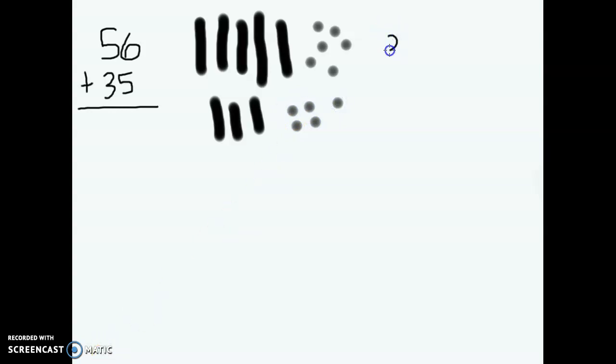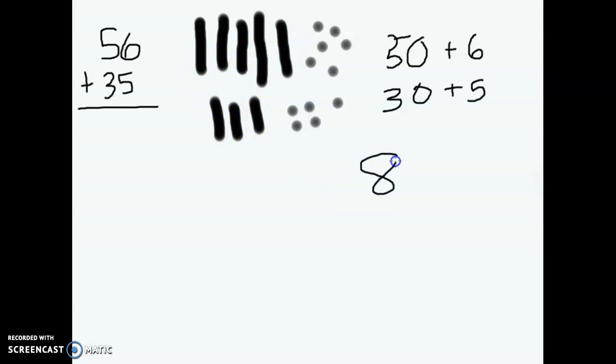To write out in expanded form, I know that 5 longs makes 50 and 6 cubes makes 6. 3 longs makes 30 and 5 cubes makes 5. Now I can combine the longs and the cubes together. 10, 20, 30, 40, 50, 60, 70, 80. I know that I have 80.